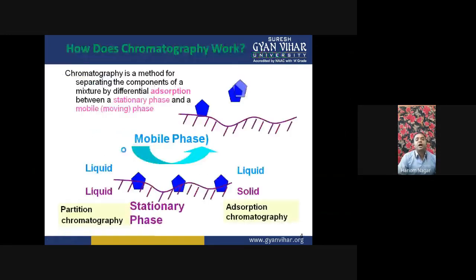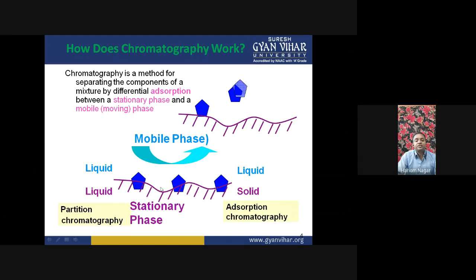Now the question is, how does the chromatographic process work? It is a method for separating the components of a mixture by differential adsorption between a stationary phase and a mobile phase.